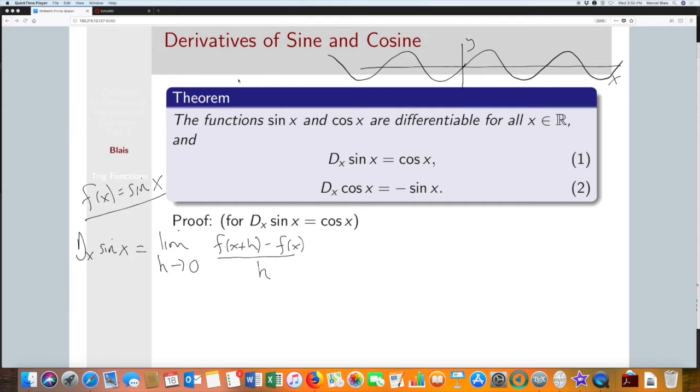It's important to remember that all these different rules for differentiation that we're learning, derivatives of different functions, all boil down to this same definition. And let's just recall, this difference quotient can be interpreted as the average rate of change over the interval x to x plus h. And when we let h go to 0, that average rate of change becomes an instantaneous rate of change.